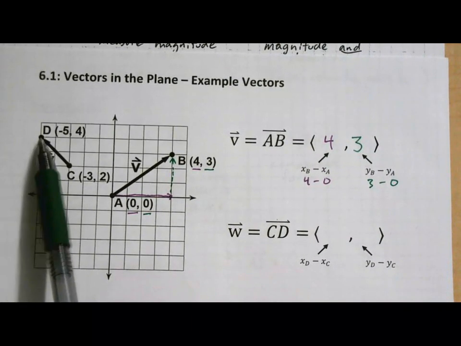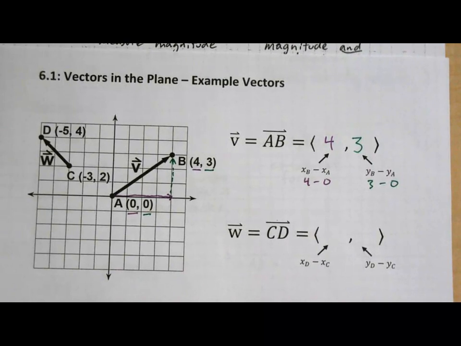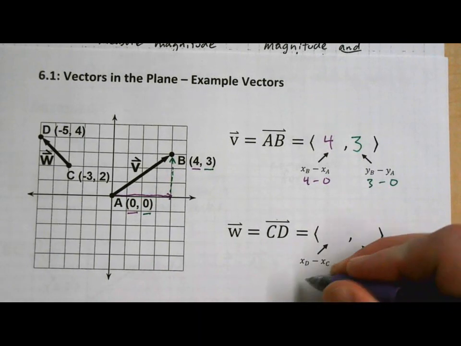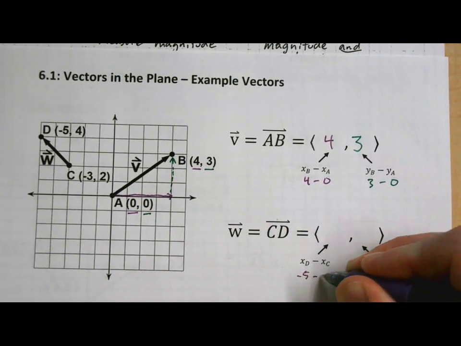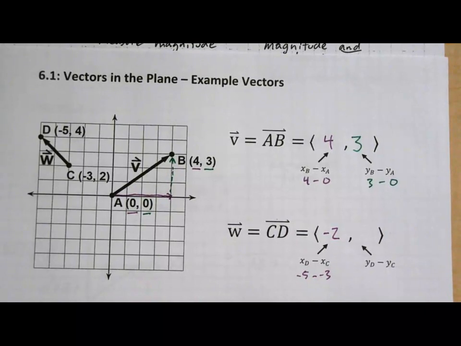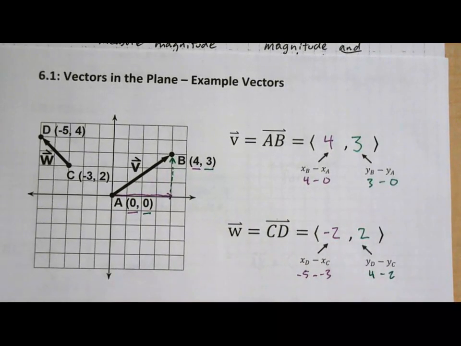We always want to use the terminating coordinate minus the initial coordinate. Did I do it backwards?